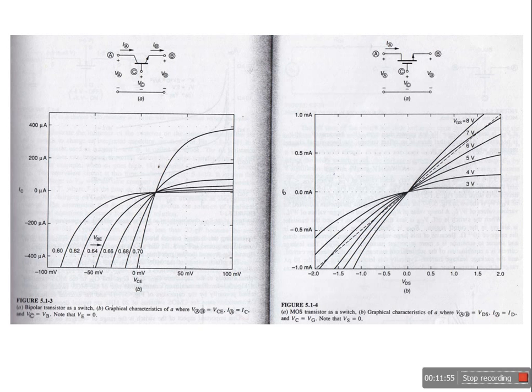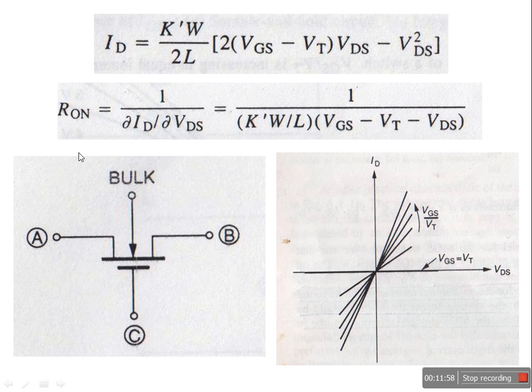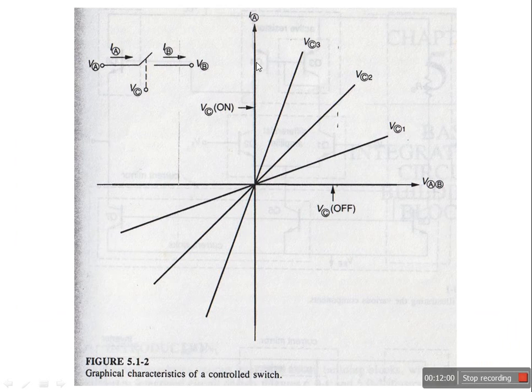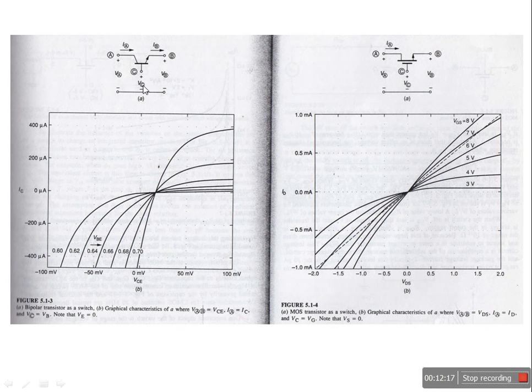Now you see in the last plot, we are interested in the plot between voltage across the switch and current through the switch at different values of control voltage. In the case of BJT, control voltage is the base voltage and the current is the collector current that will flow from collector to emitter.